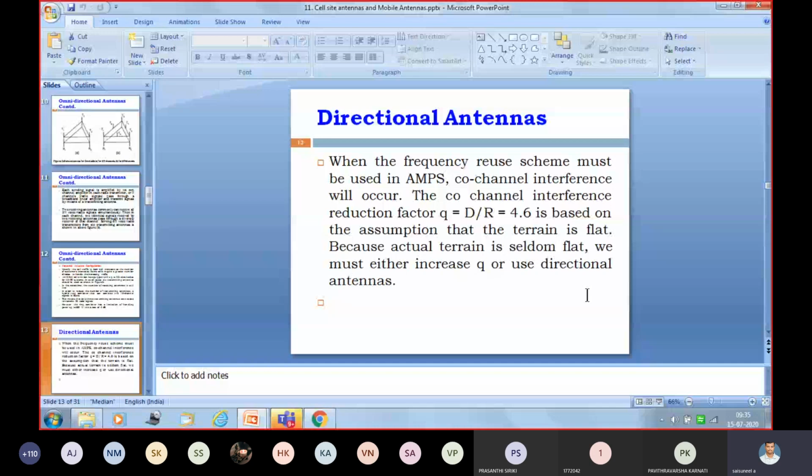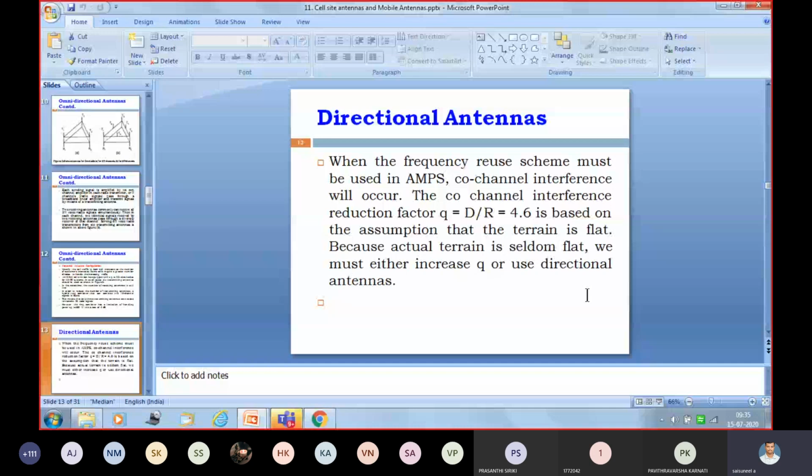What is a directional antenna now? A directional antenna is used to transmit signal in a particular direction. You see this one. The first figure shows how many main lobes? 1 main lobe. From this direction, only 1 main lobe is coming, so the direction is fixed.